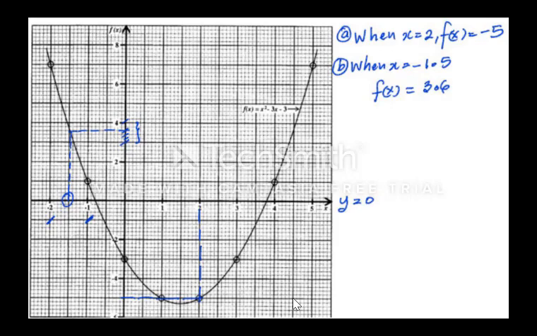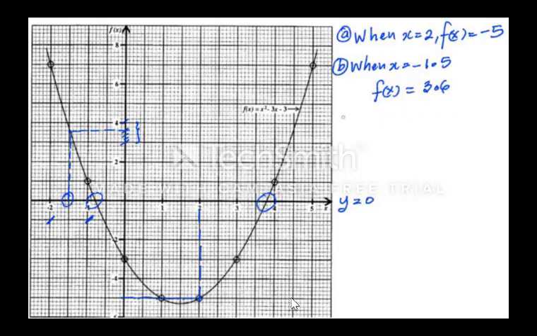On a graph, all your vertical lines are x lines and all your horizontal lines are y lines. So what we want is the value of x at the point on the graph where y is 0. Let's determine the value of x.